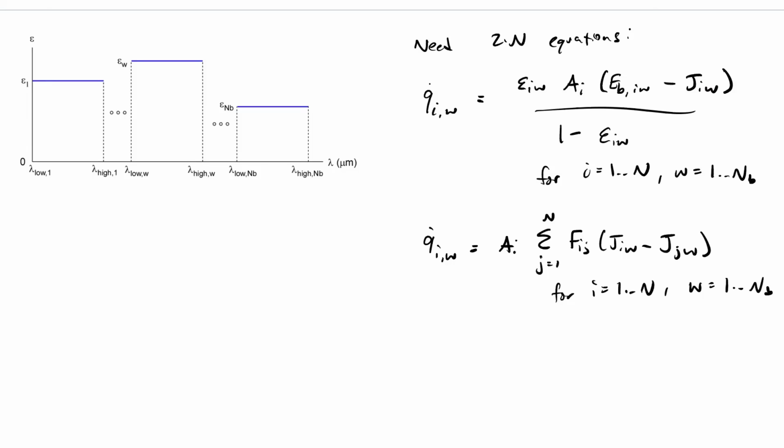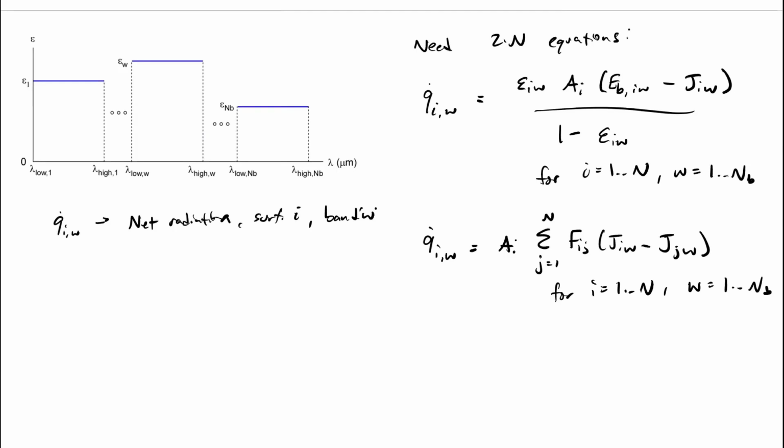Okay, so let's actually write out the other ones that maybe aren't so obvious. So we have Q dot I W. This is the net radiation for surface I in band W. Right? Surface I in band W. So think about this a little bit.